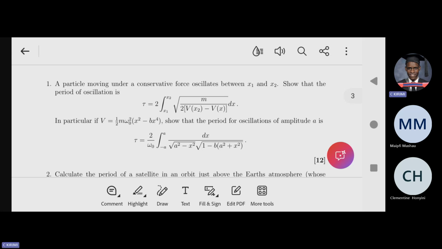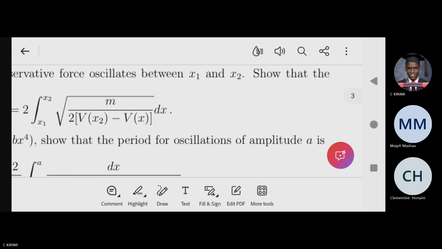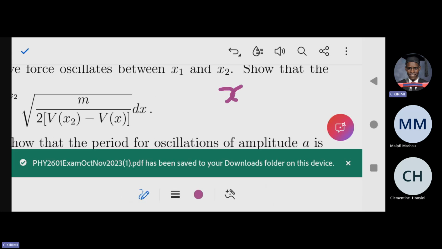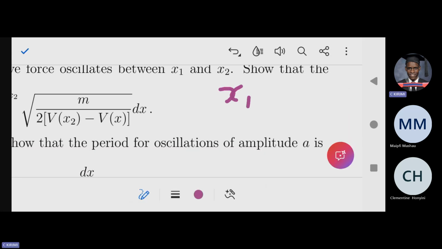Show that the period of oscillation, moving the particle between x1 and x2. Your initial point is x1 and your other point is x2, so the time taken for one oscillation.